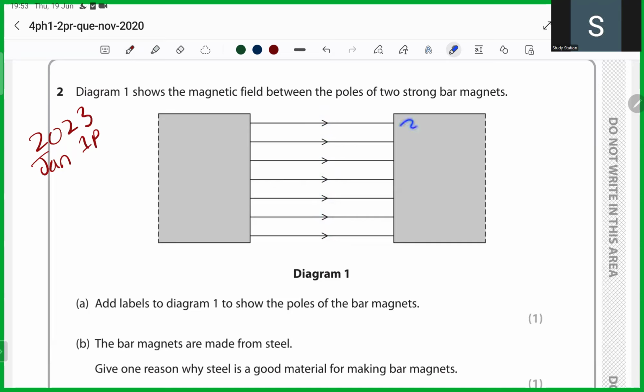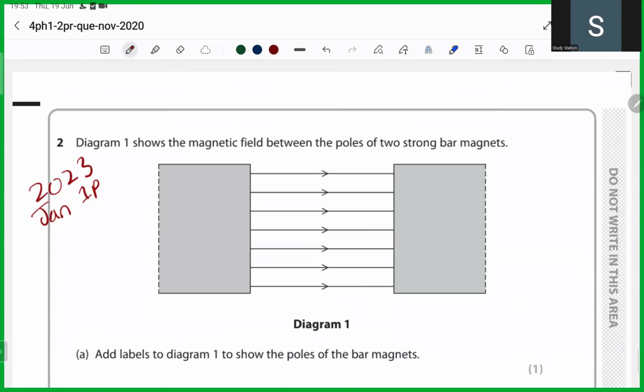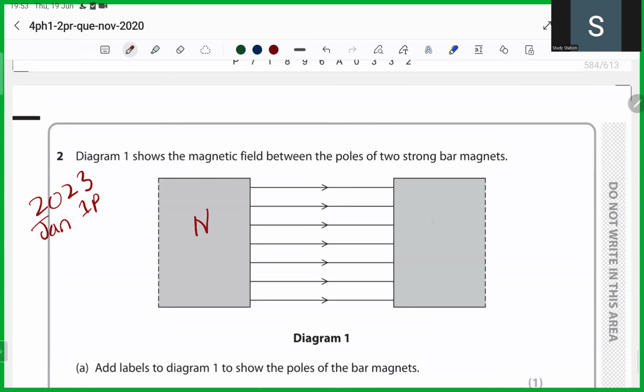That the magnetic field lines are like this, right? They go from north and get inserted into south, so that is why the arrow is like this, from north to south. So you just have to put the label. N will be this and this will be S. That is it. Okay, 1 mark done.